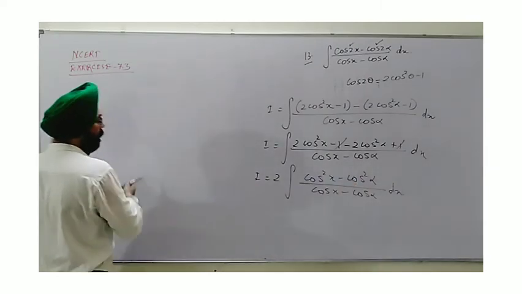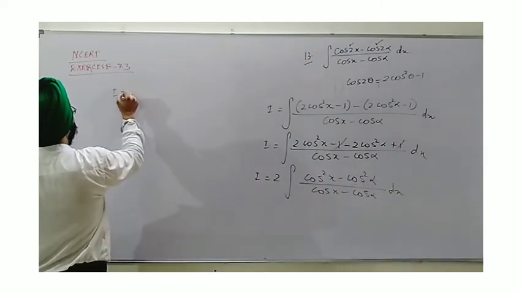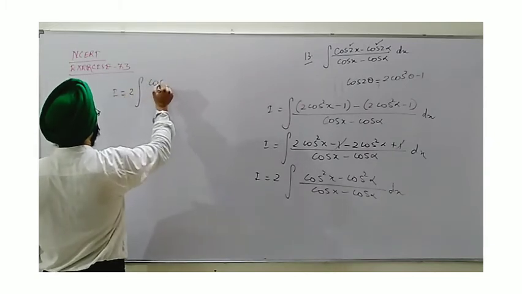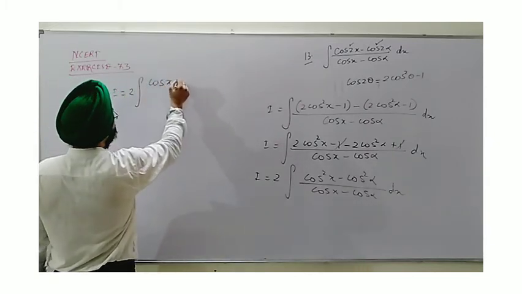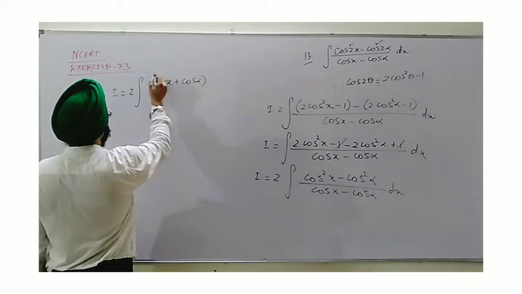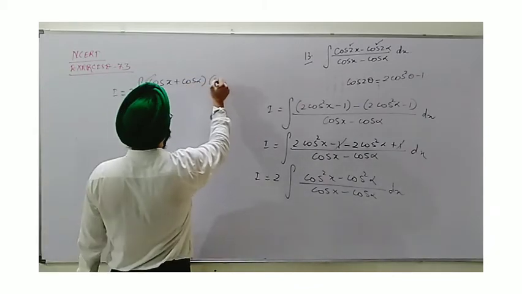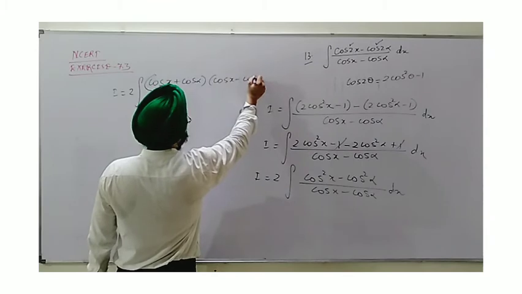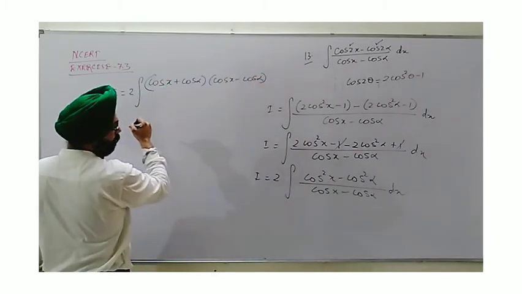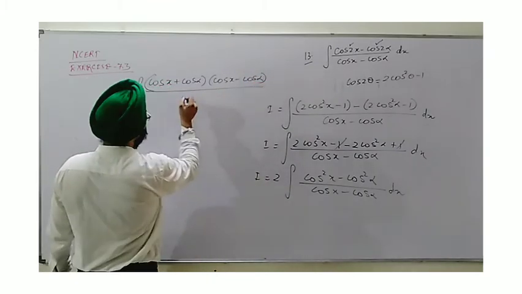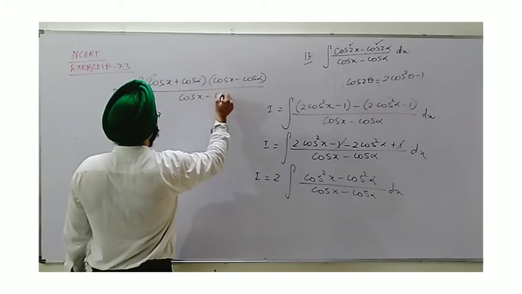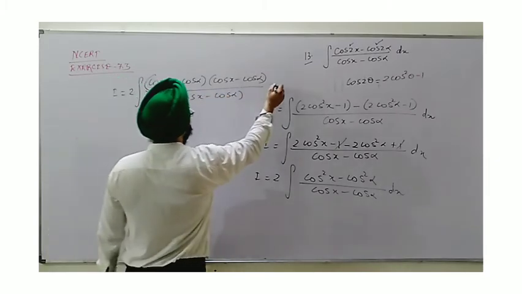Simply applying the identity, I can be written as (cos x plus cos alpha), a plus b, times (cos x minus cos alpha), a minus b, upon cos x minus cos alpha dx.